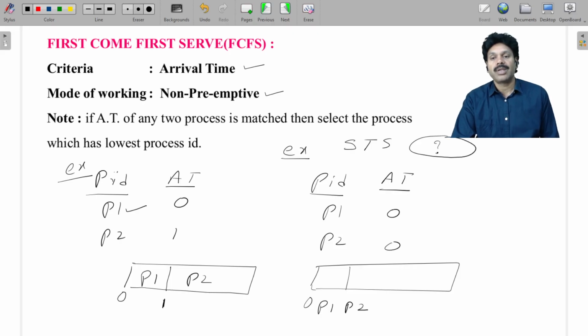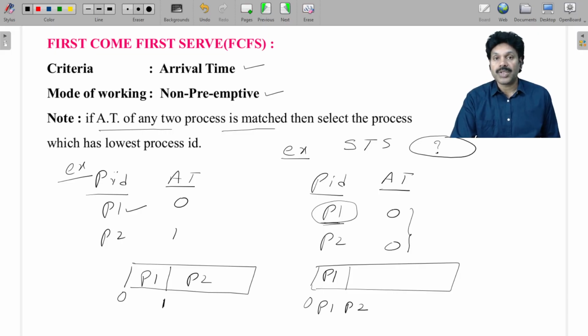In such a case, if the arrival times of any two processes match, then you immediately select and send to the CPU the process which has the lowest process ID number. In this case, once again P1 will be released to the CPU.